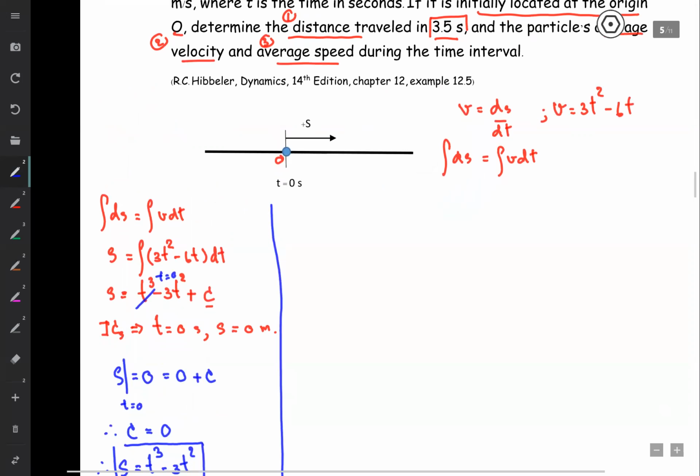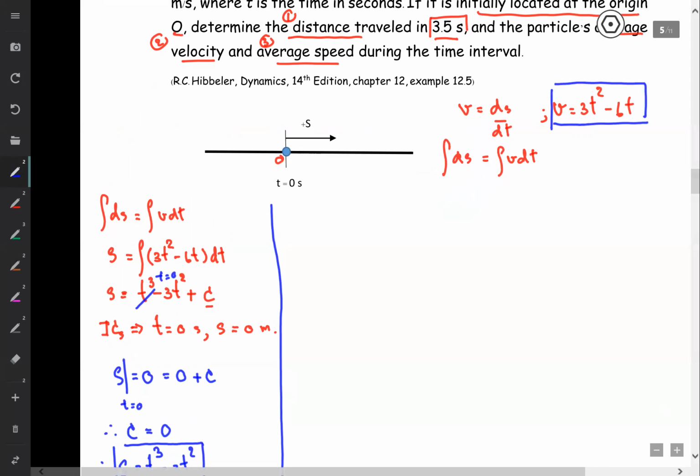According to this equation that defines the velocity, it is a parabolic function. So we should determine at which time the velocity changes sign.